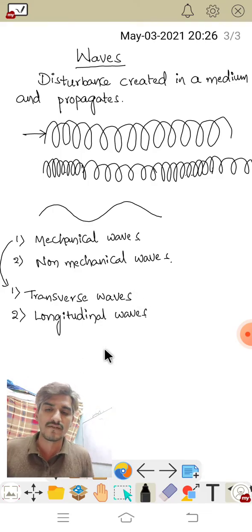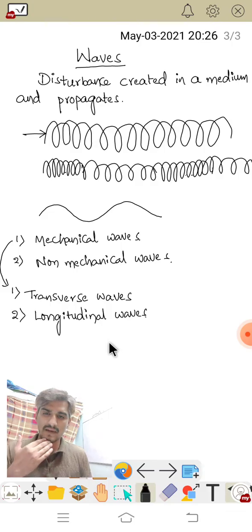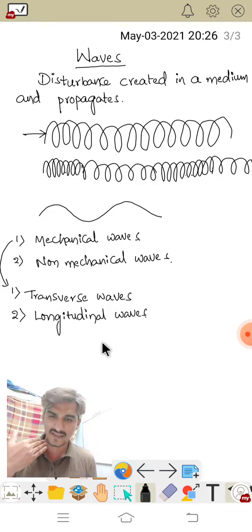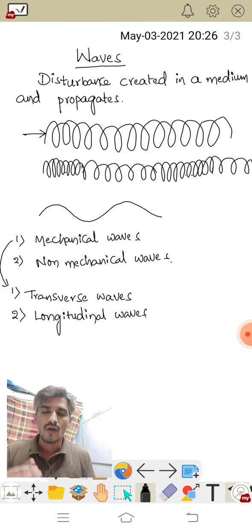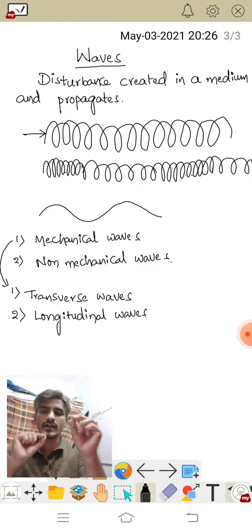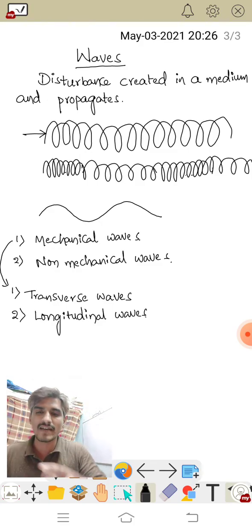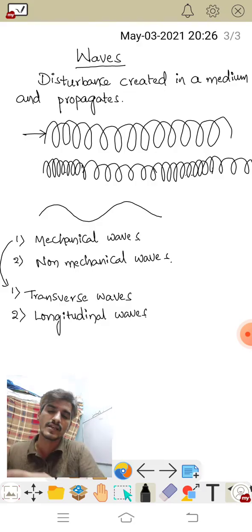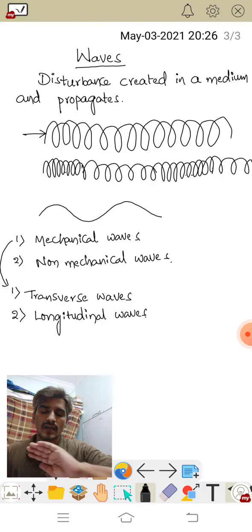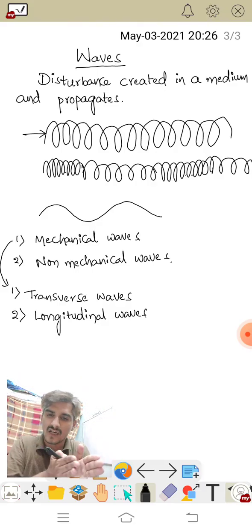And longitudinal waves means sound waves. Let us discuss the sound waves. Suppose from my mouth the sound is generated once. Now the air molecules which are near to my mouth take the sound energy and go to the residing molecules.